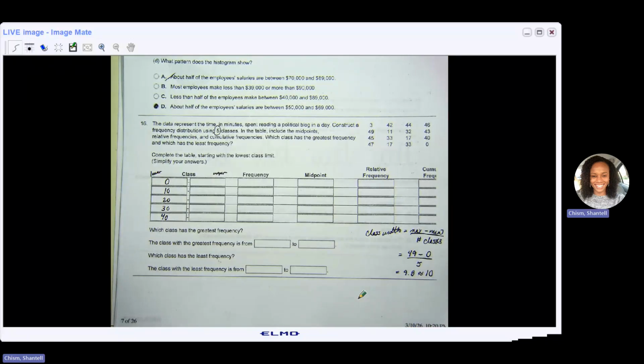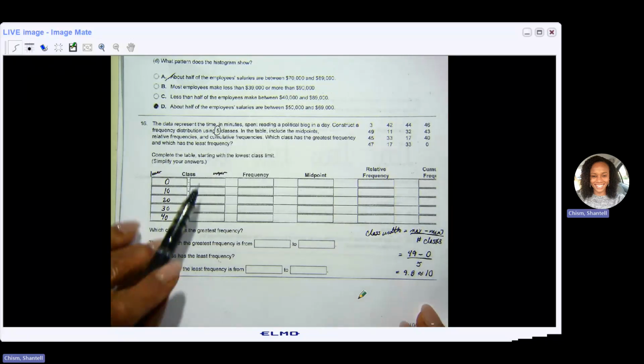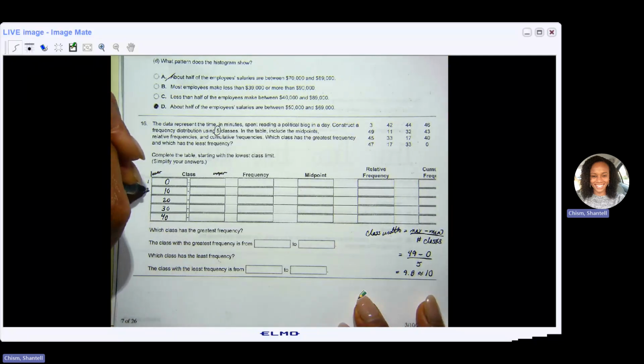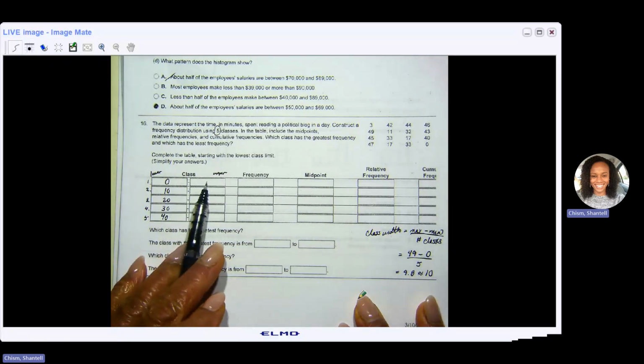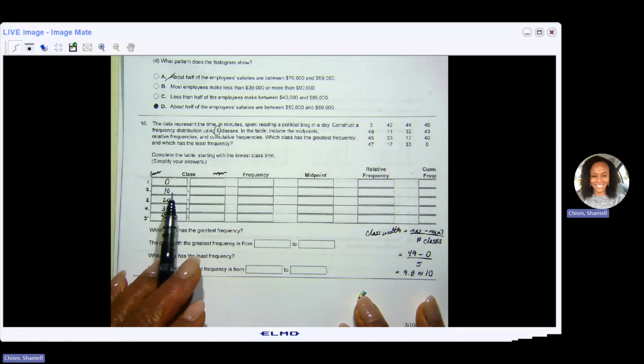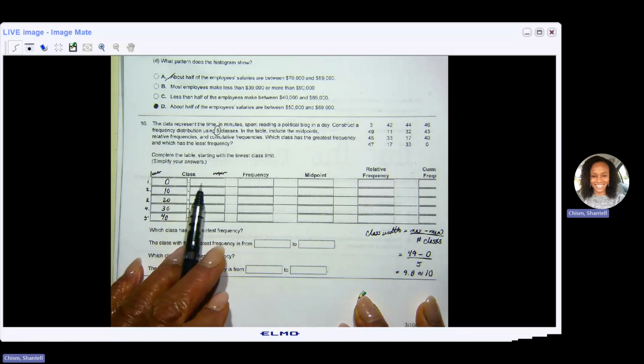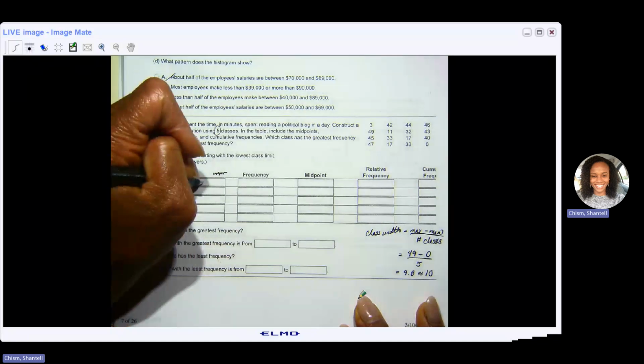Now, to get my upper limits, I have to have a starting point. Class number 2 begins at 10, so class number 1 has to end right before that, at 9.